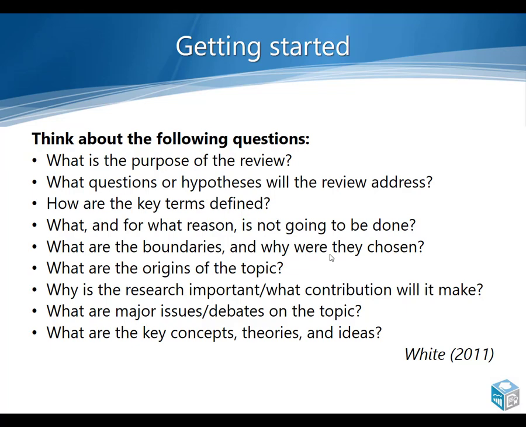They're also all things though that you might decide to include in your final write-up, so they're useful in that respect as well. So we've got things here like what the purpose of the review is, how key terms will be defined, and what you're going to include and not going to include. I think that's actually a really important thing to do at the outset of a lit review.